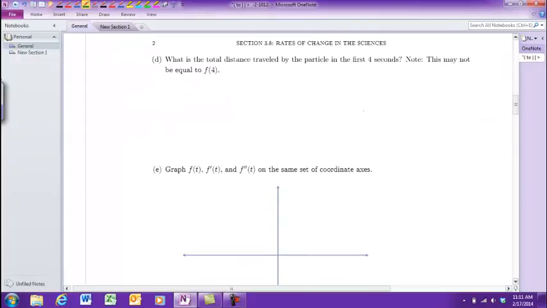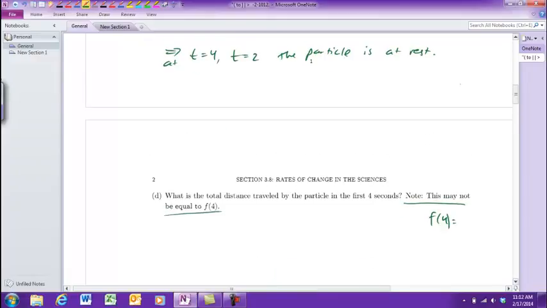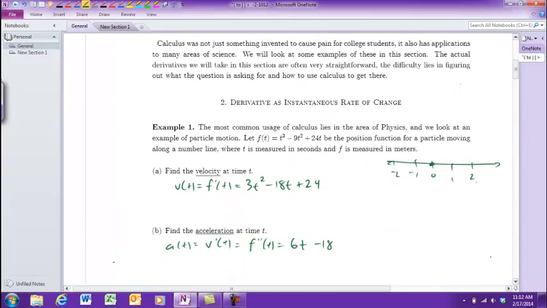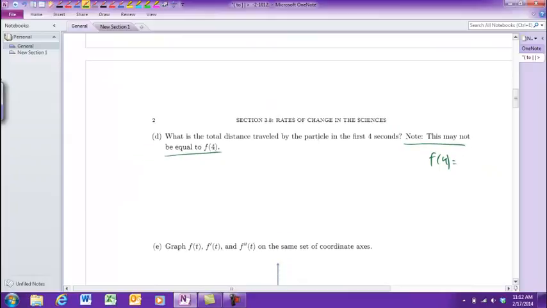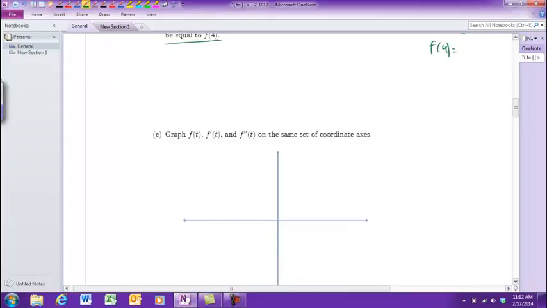Question D, what is the total distance traveled by the particle in the first 4 seconds? And I say, note, this may not be equal to f of 4. Well, let's just calculate f of 4 real quick. Remember, my original function is t cubed minus 9t squared plus 24t. If I plug in 4, that will tell me the position of the particle at 4 seconds.